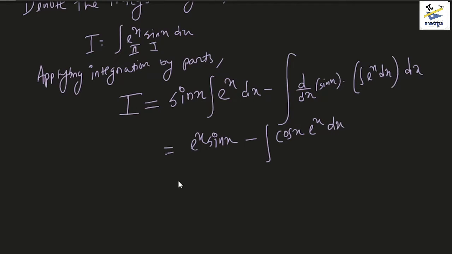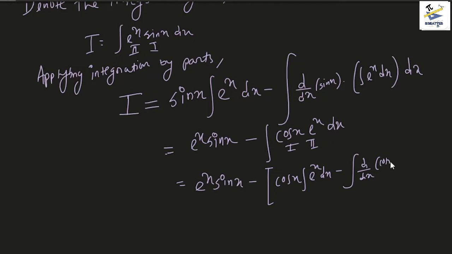Now this is another integral, so again we apply the same integration by parts technique with cos x as the first function and e to the power x as the second function. Notice how we have to do integration by parts twice here, and you will see why. It becomes cos x into the integration of e to the power x dx minus the integration of d/dx of cos x, and as you know, the integration of e to the power x dx is just e to the power x.